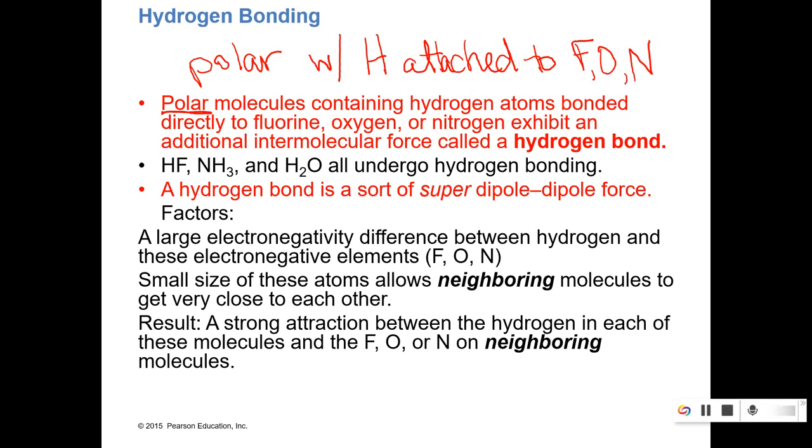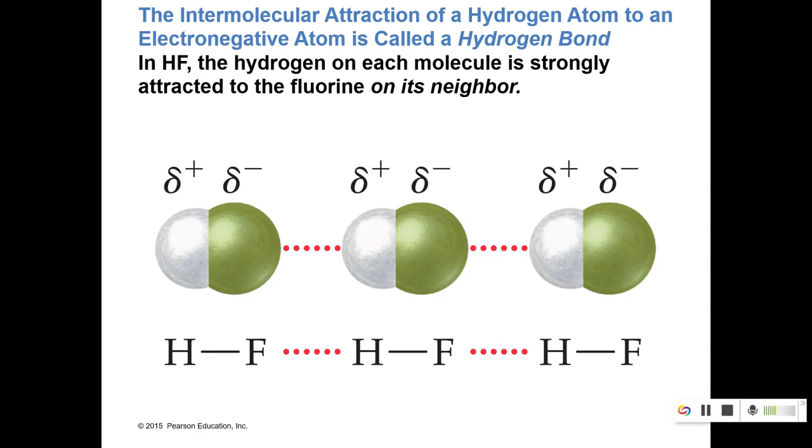Those are the most electronegative elements on the periodic table. If hydrogen is attached to one of them, it makes a hydrogen bond. Again, it must be attached. Also, these are polar, which means they also have dipole-dipole.